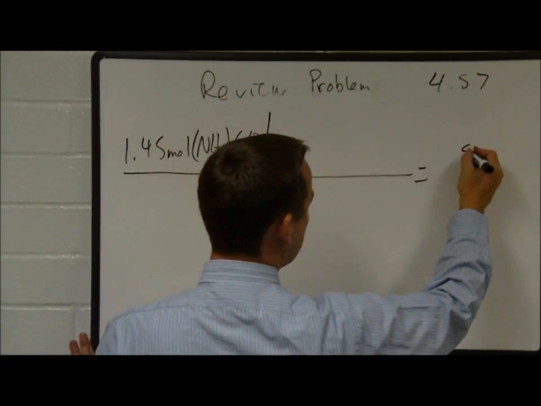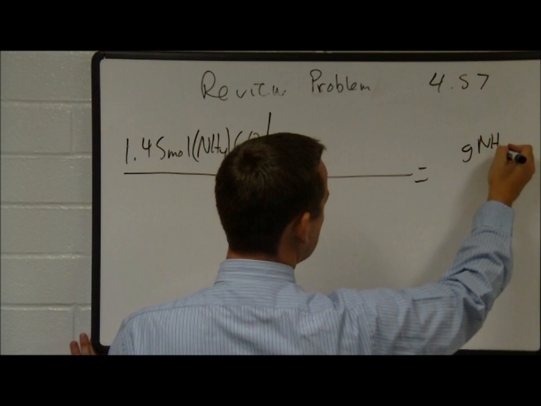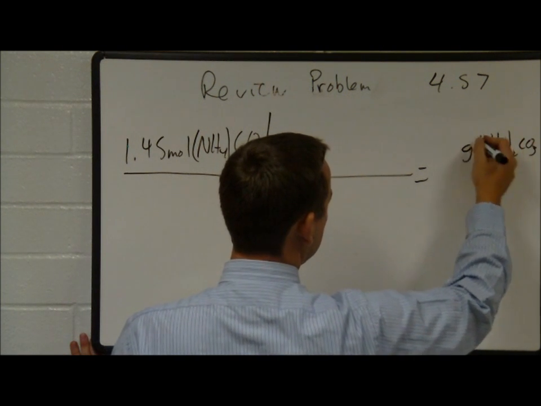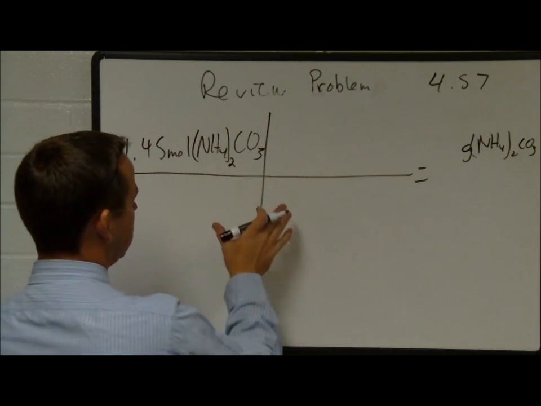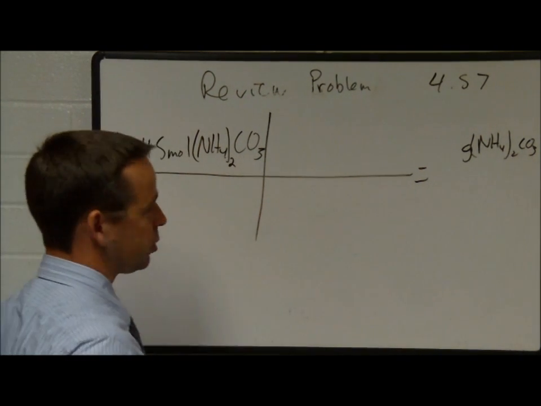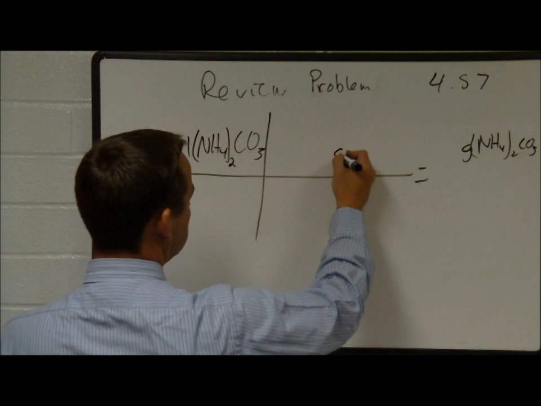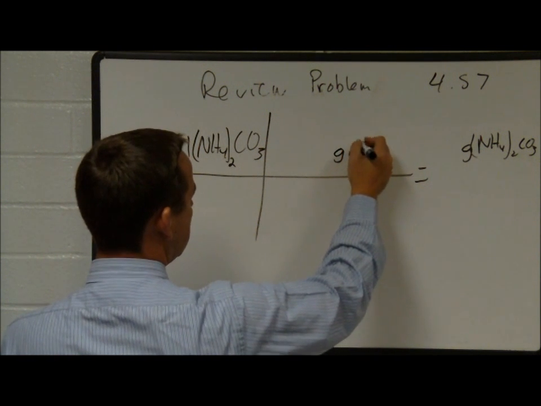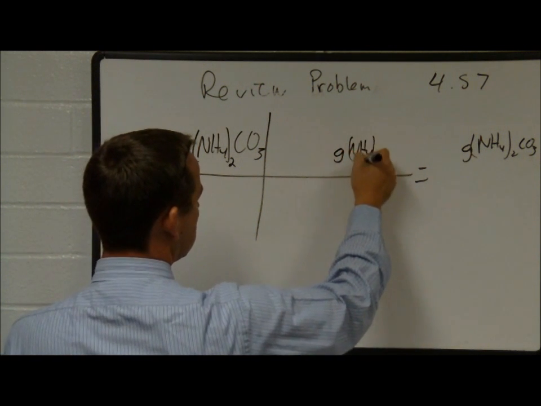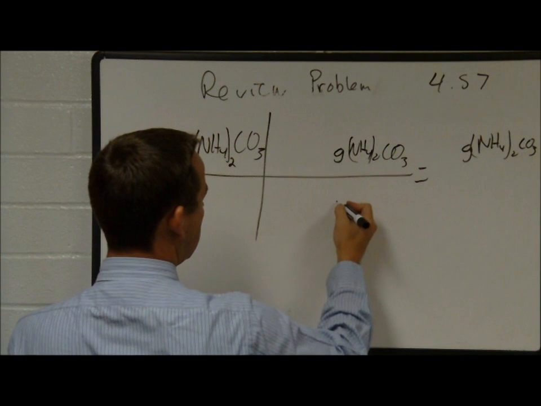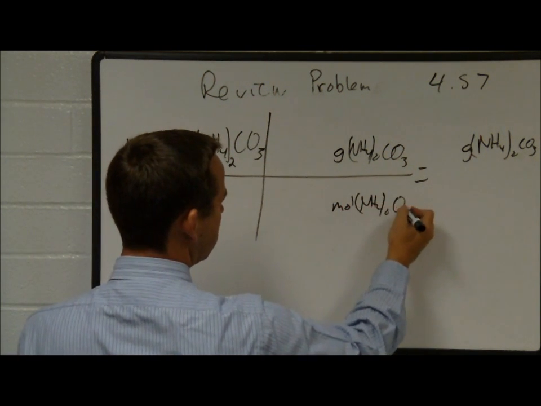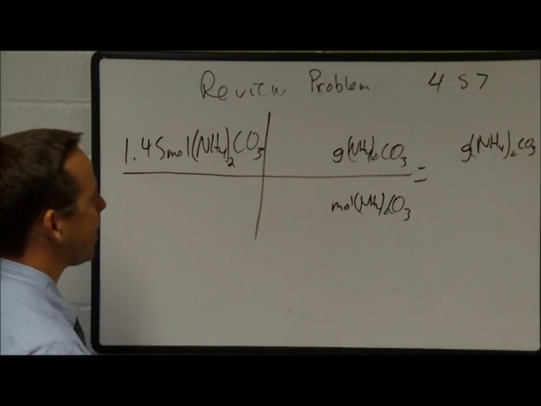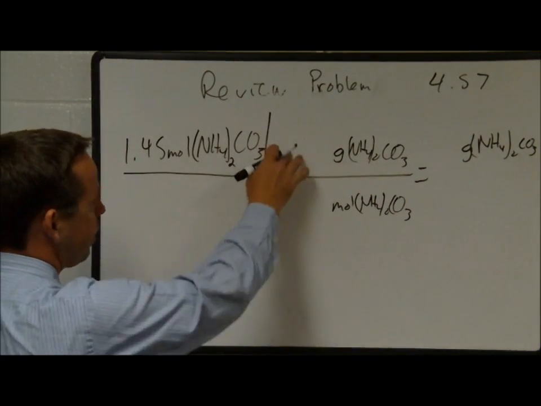We want to know how many grams of (NH4)2CO3, ammonium carbonate, there will be in this many moles, correct? So we need a relationship between the grams of (NH4)2CO3 and the moles of (NH4)2CO3. Okay? So, how many grams are there per mole?